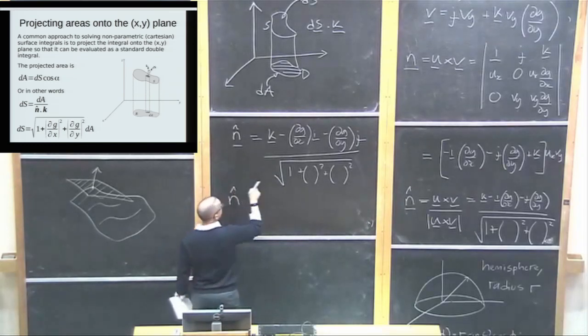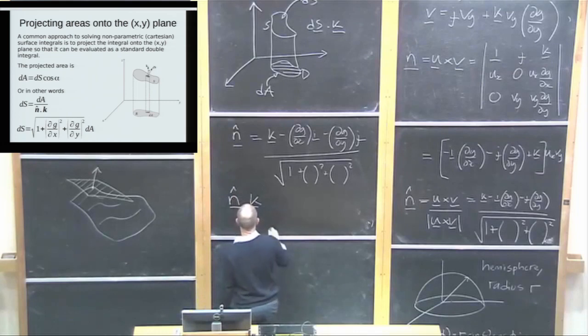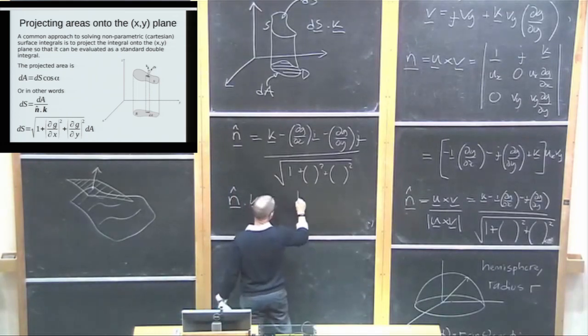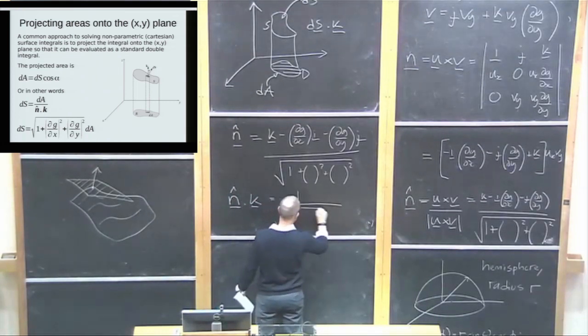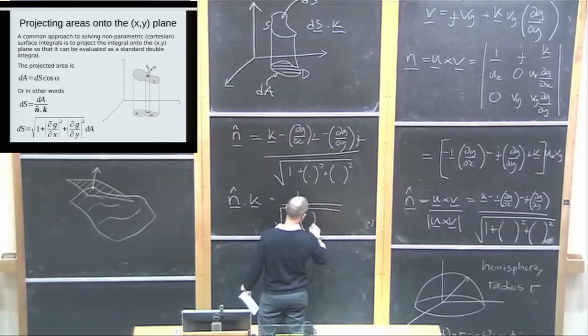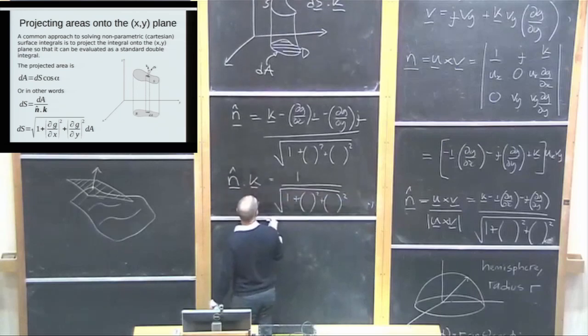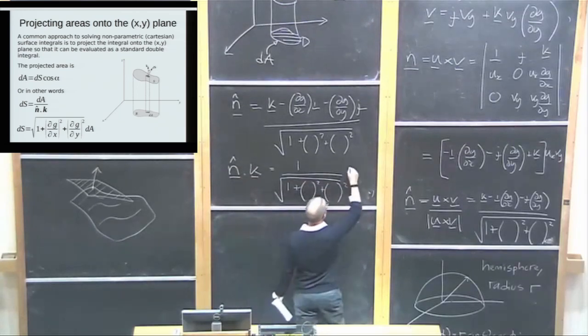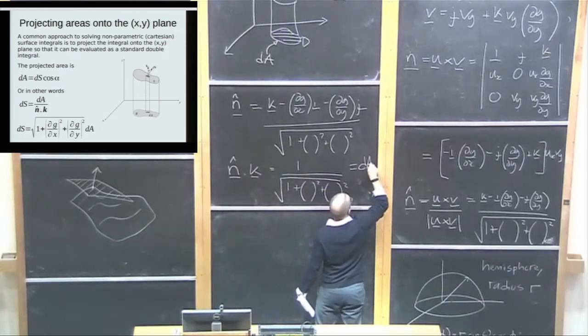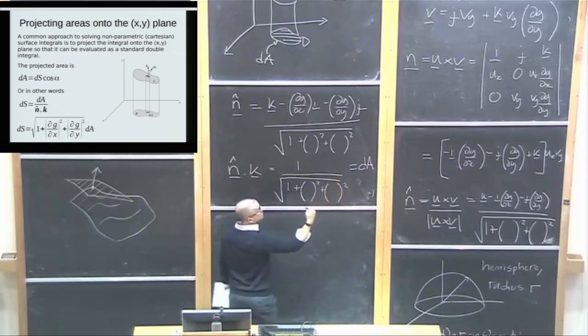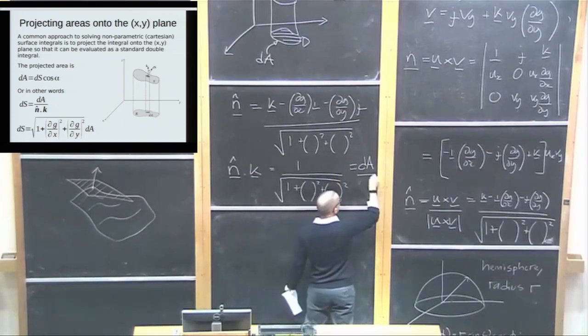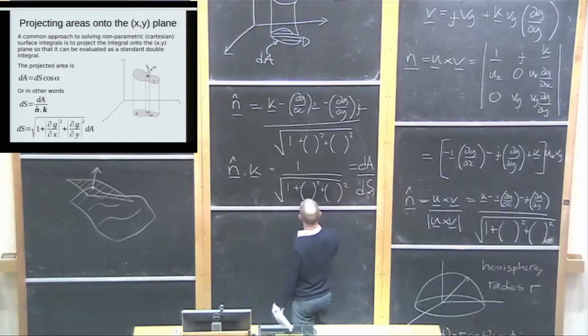But if we look at the projection of this normal just in the k direction, then it gets much simpler. That simply becomes 1 over the square root of 1 plus that squared plus that squared. And that equals the ratio of our area projected on the xy plane to the actual area in the surface.